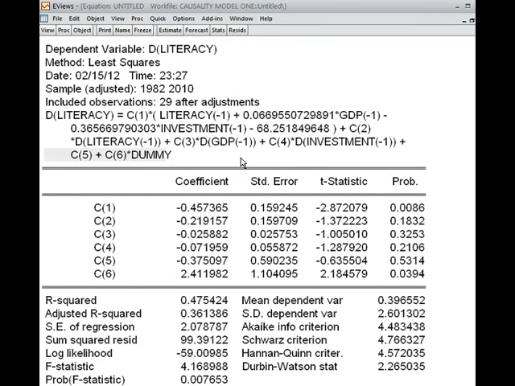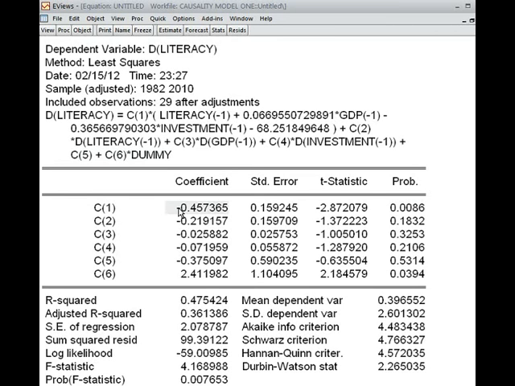Okay, now we check one by one. C1, the error correction term, is significant. You can see from here, significant, and the coefficient is negative, right? There are two things here.